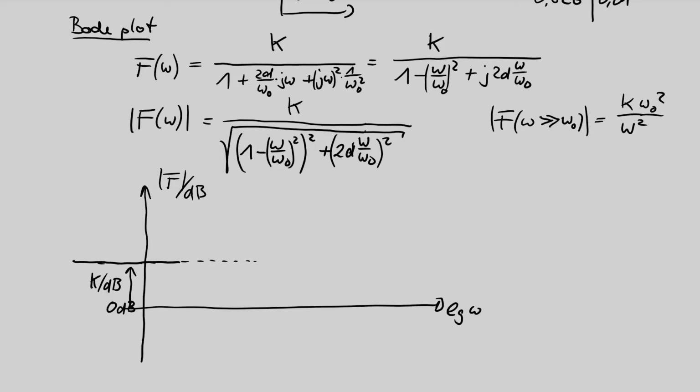So this is a curve with a gradient defined by the squared function of omega in the denominator. We can show that the gradient of this asymptotical curve goes down with 40 dB per decade.